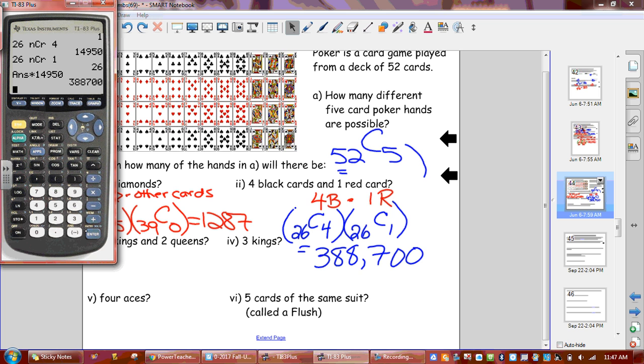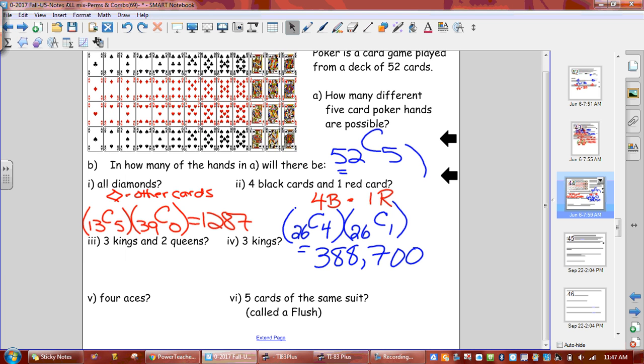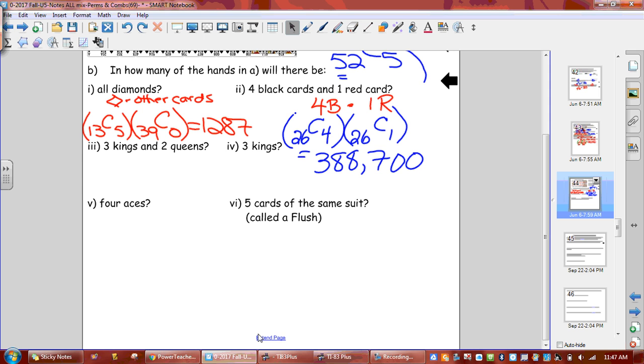All right, now they want us to do 3 kings and 2 queens. How many kings are in the deck? We have 4 kings. 4 suits, 4 kings. So 4, choose 3 of them, times 4 queens, choosing 2 of them. Now, I've used 8 cards out of the deck.